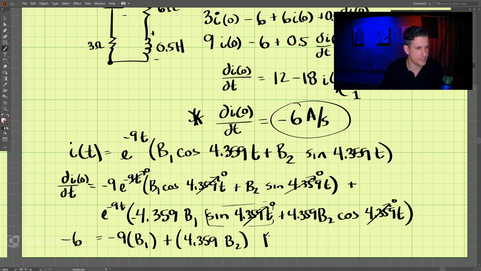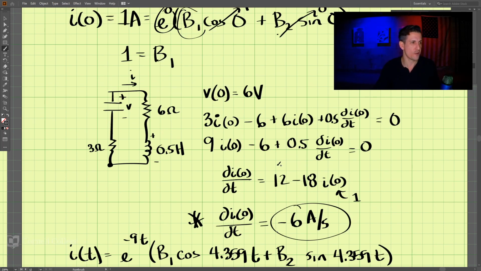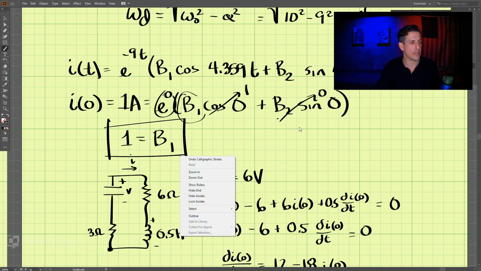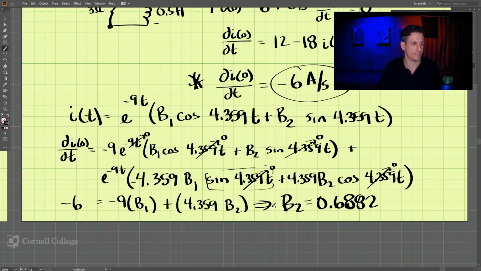So that means B2 comes out to be 0.6882. Okay, so now we have solved, we have B1, and now we have B2 here.